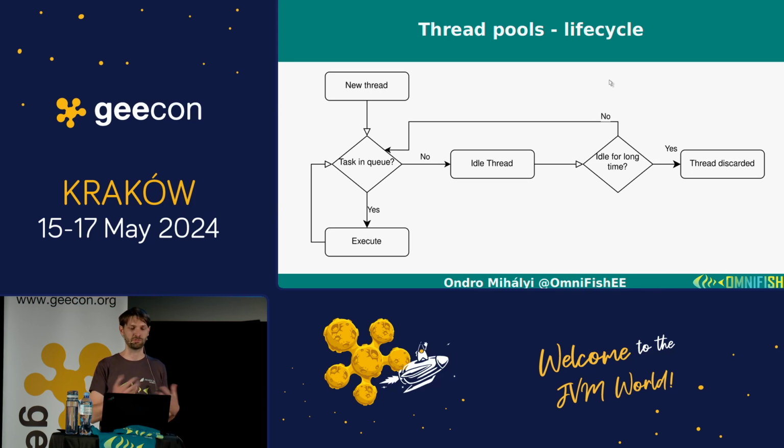They create several threads, and when a task is in the queue, the thread will execute it, and then come again to the queue. If there is no task, it will wait. It will not finish. Again, it will ask after some time, or when there is a new task in the queue, one of the threads that is idle is resurrected, and it executes the task.